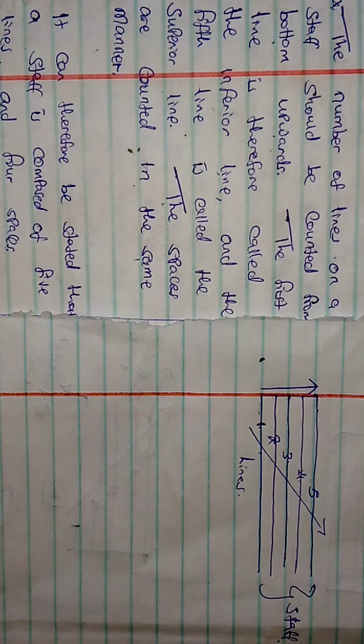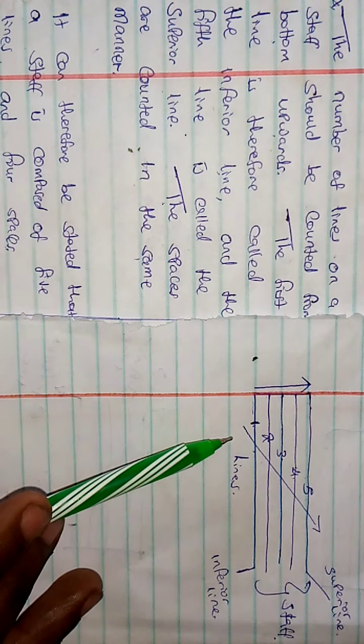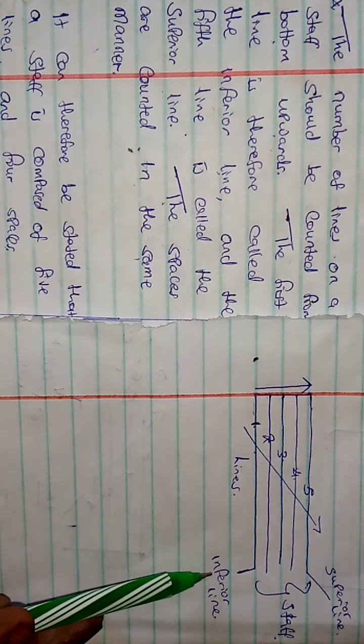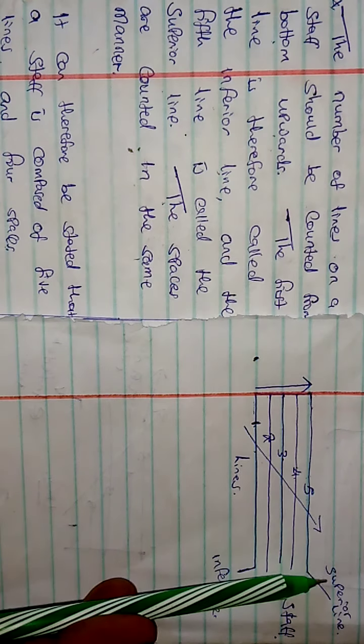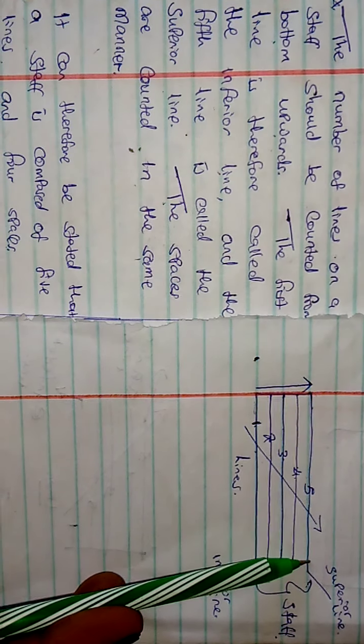The first line is therefore called the inferior line, and the fifth line is called the superior line.